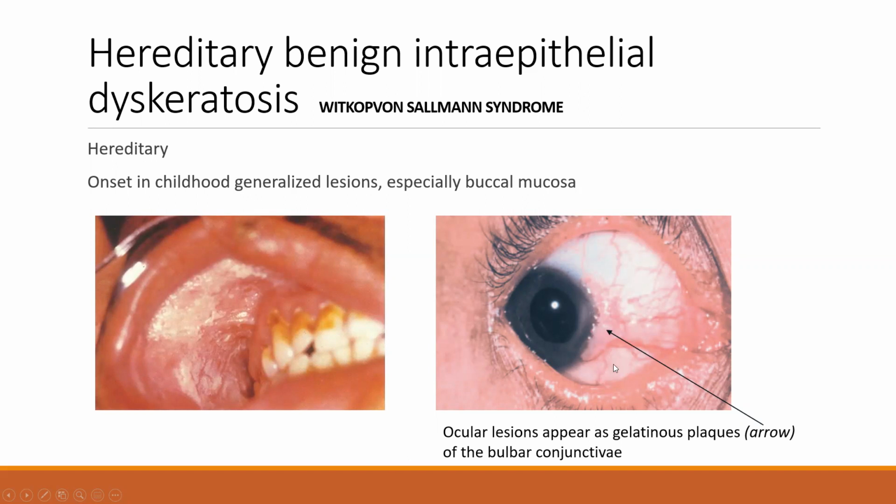On this white conjunctiva, you have some shiny plaques seen along with these white lesions. Usually when the patient has these white lesions, the patient is always teary-eyed, has photophobia, and there is always itching of the eyes whenever these gelatinous plaques appear.